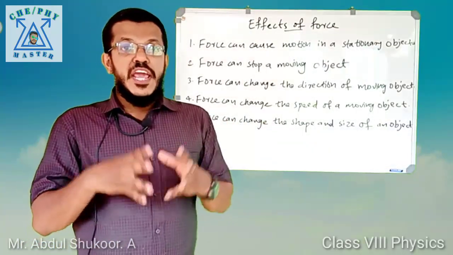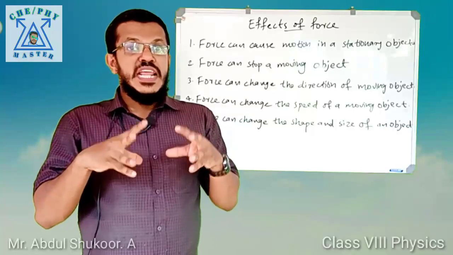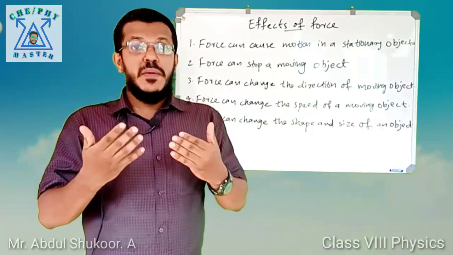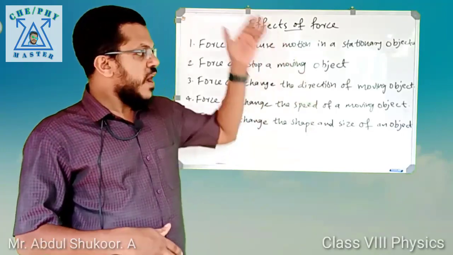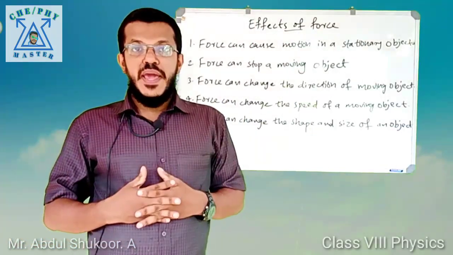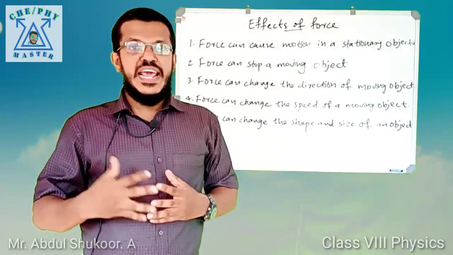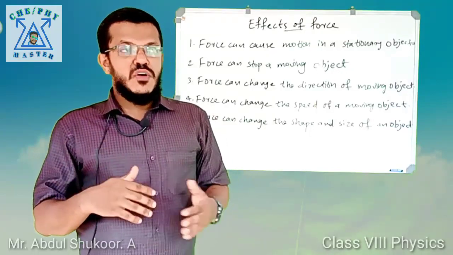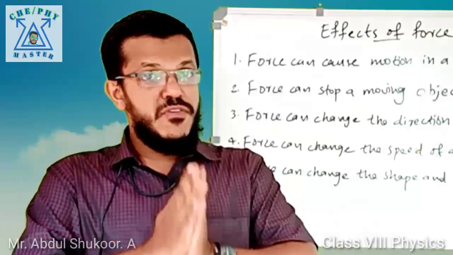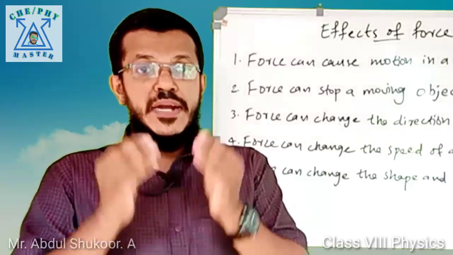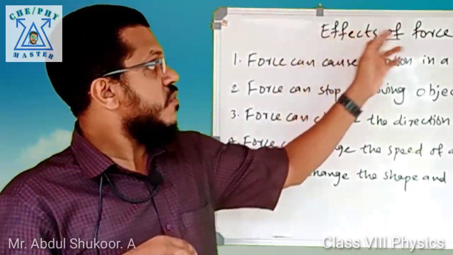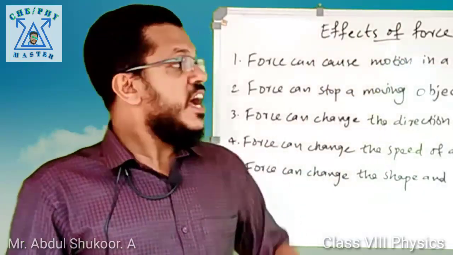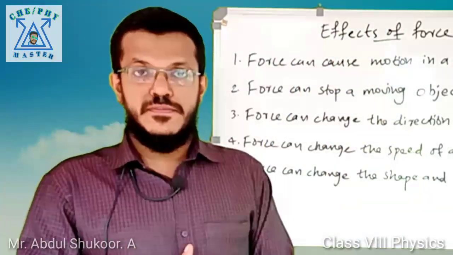If you apply a force on an object, its shape and size may change. These five points we can explain with different examples. That's why we are going to go through each of these points. With the help of examples, we can understand what the effects of force are.